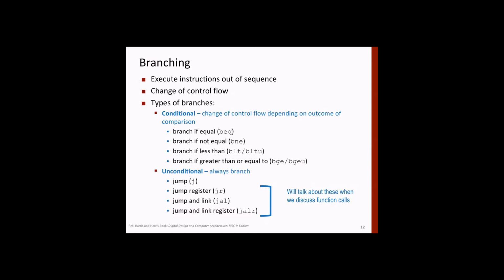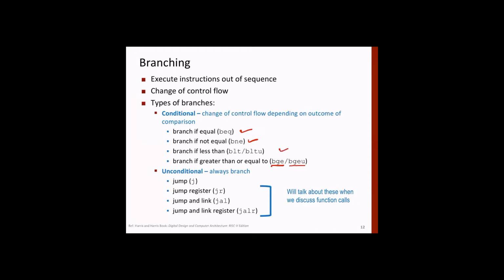So all these are higher level concepts which, when we generate assembly, will require some kind of branching. Now there are instructions in assembly, that is RISC-V, which are branch if equal to, branch not equal to, branch if less than, branch if less than unsigned, branch if greater or equal to, or branch if greater or equal to unsigned.